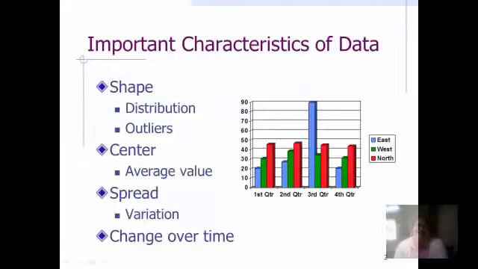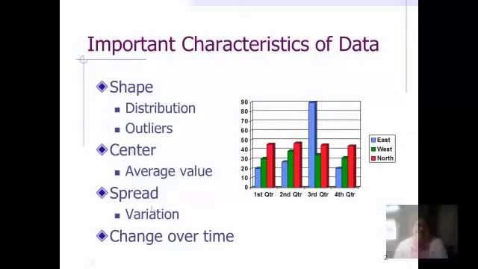So when we look at the data, we want to see them, and we're going to concentrate on shape, center, and spread. And to that, we're going to add change over time. Now, in your textbook, they talk about center, they talk about variation and distribution.